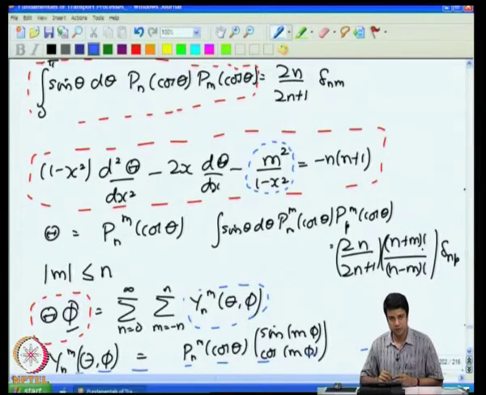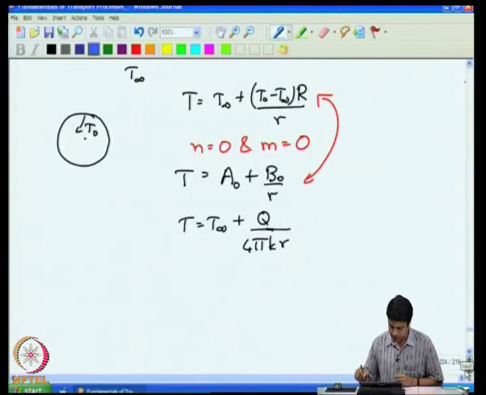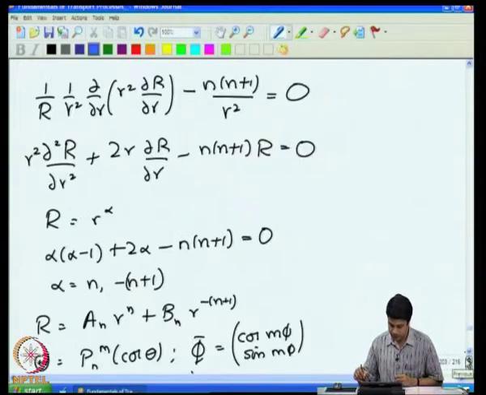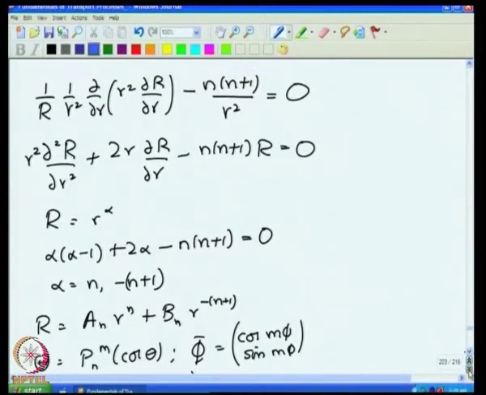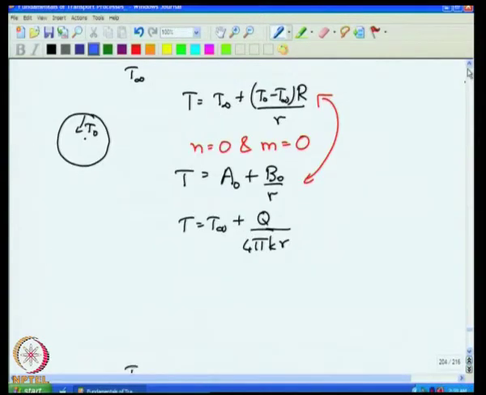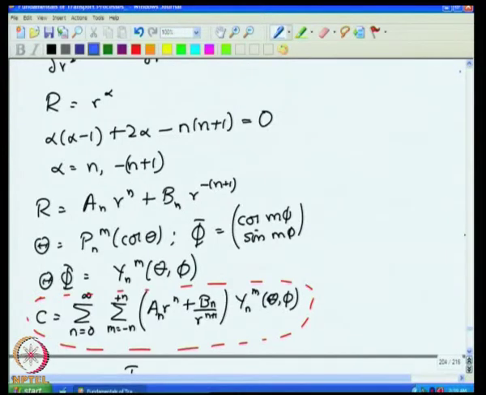These satisfy orthogonality relations, and therefore, whenever I solve a problem in a spherical coordinate system, I can use this basis function along with either the growing or the decaying part in the radial direction. If you recall, when I solved the problem in the radial direction, I got two solutions, one increasing as r power n, the other decreasing as r power minus of n plus 1. So, the most general solution is the product of these three, and these are called the spherical harmonic expansions. The equation in red there is the most general solution.